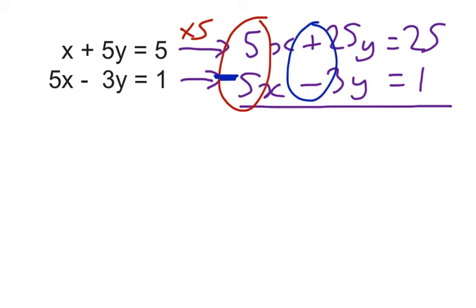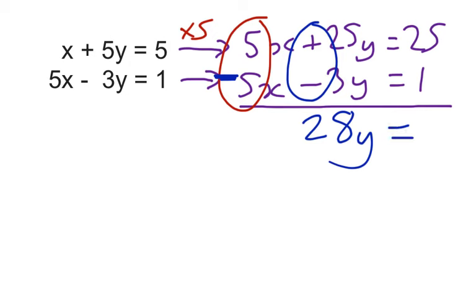So 5x take away 5x gives us 0. We've eliminated the x's, that's good. 25y minus minus 3y is equal to 25y plus 3y, which is equal to 28y.